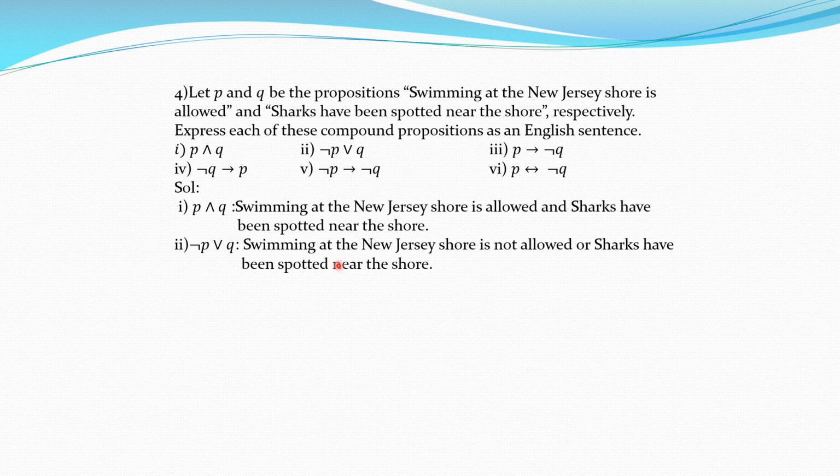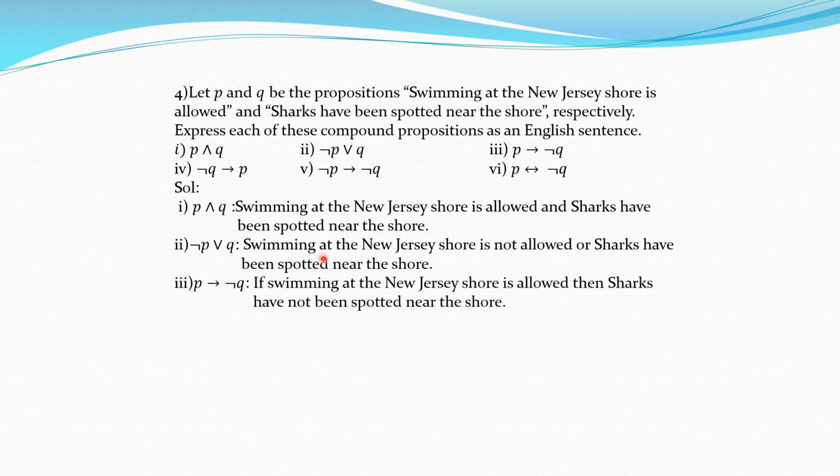Now third one is P implication negation Q. Implication means if antecedent, then consequent. That means if P, then negation of Q. So after if, we write P as it is, and after then we write negation of Q.